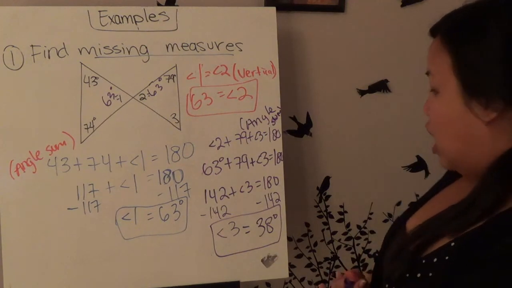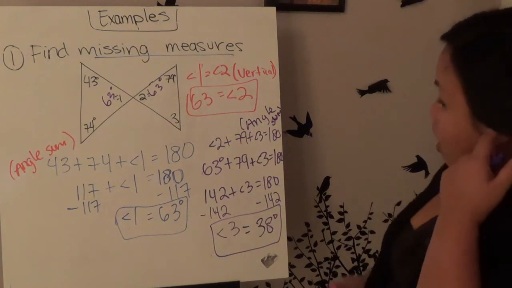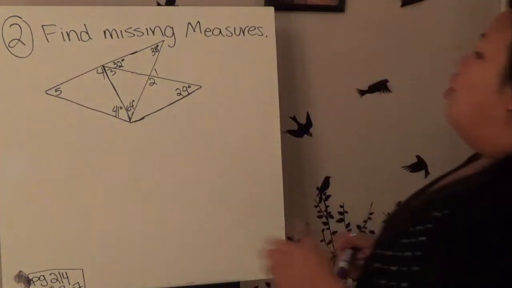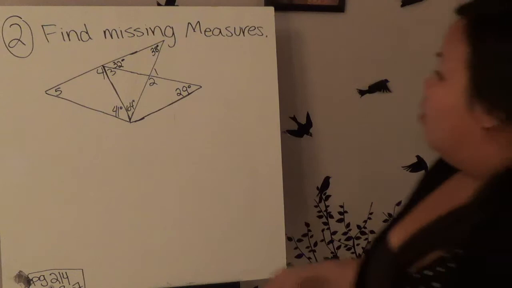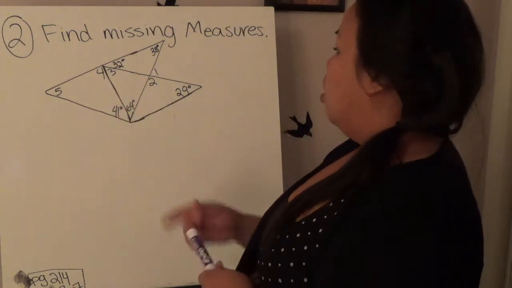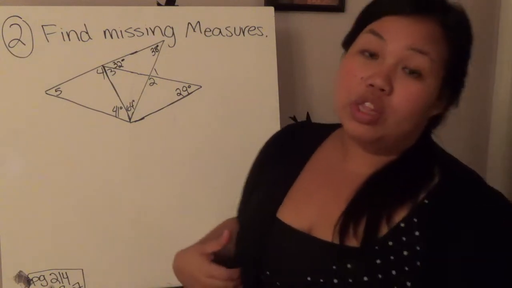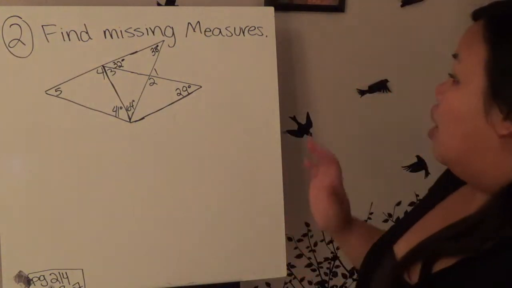So these are the things that you're going to be finding, and then we have more of a complicated one. It's told me find missing measures. So we have 1, 2, 3, 4, 5. My general rule is to start with the lowest number, but sometimes you don't have to.